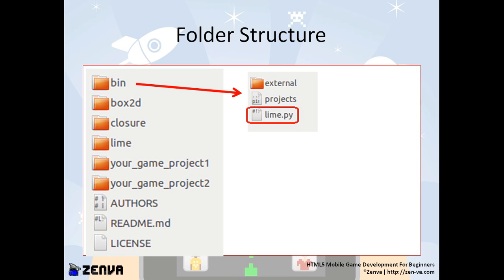It's a library created by Google, used in huge web applications such as Gmail, and we'll be using that. Then there is, well, Lime. That's where the actual Lime.js resides. And then for each game project that you create, you're going to have one folder for it.